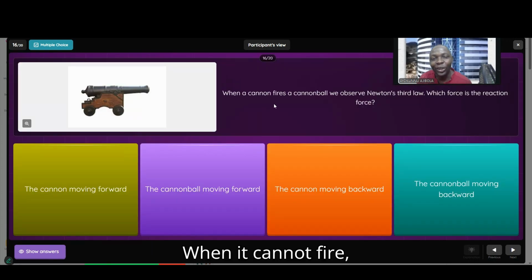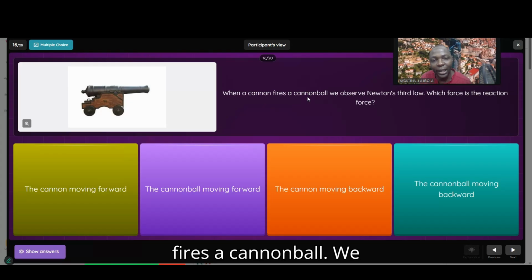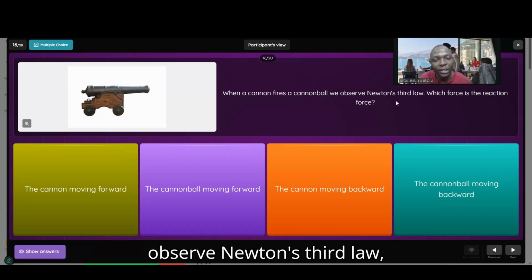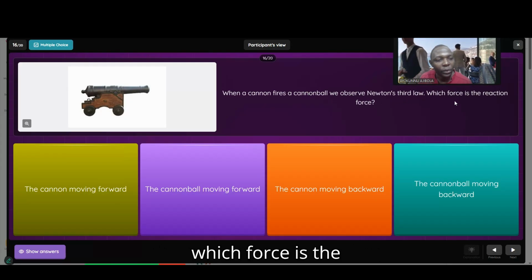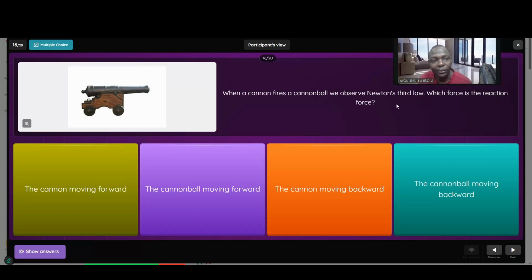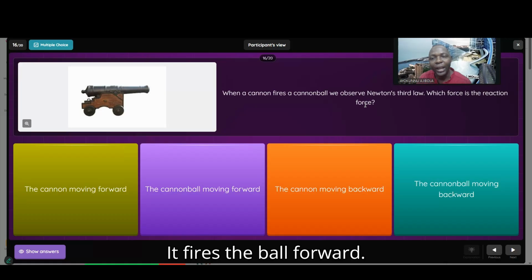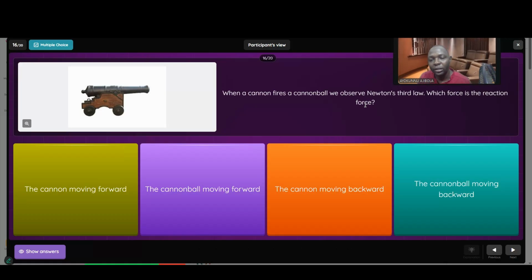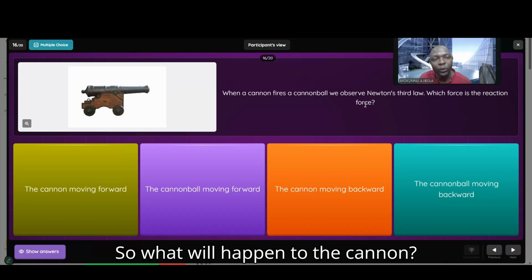When a cannon fires a cannonball, we observe Newton's third law. Which force is the reaction force? It fires the ball forward. So what will happen to the cannon?